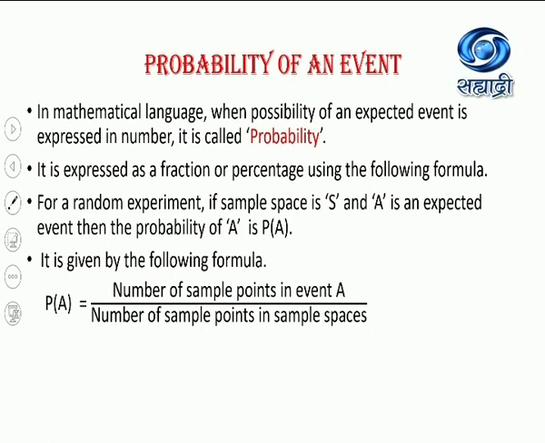You all know the number of sample points in event A is denoted by n of A and the number of sample points in the sample space is denoted by n of S. So, children, this formula is very, very important: P of A is equal to n of A upon n of S.